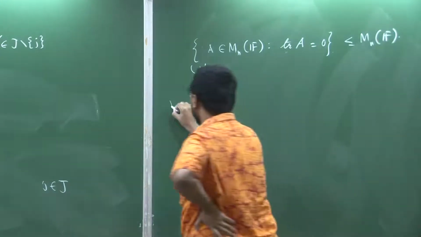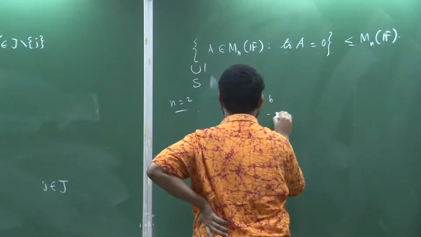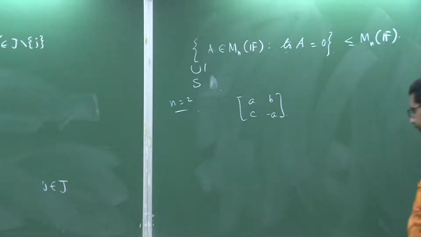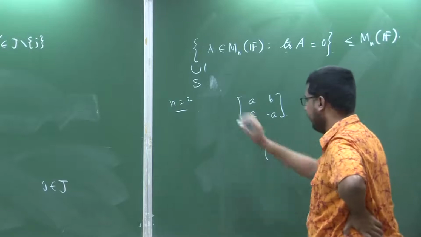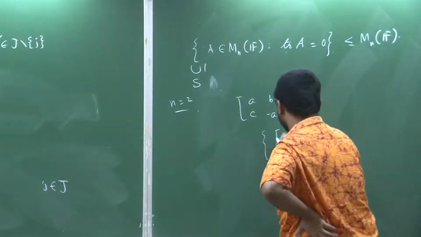So, for simplicity, if you take n equal to 2, a typical matrix will look like [A, B; C, minus A], right. So, what should be the subspace?